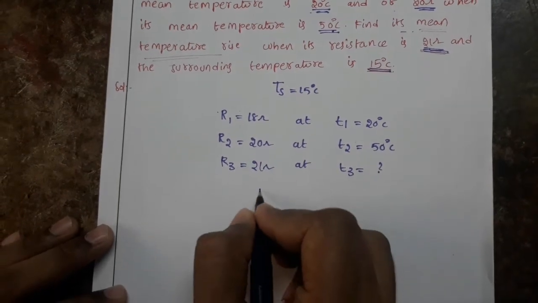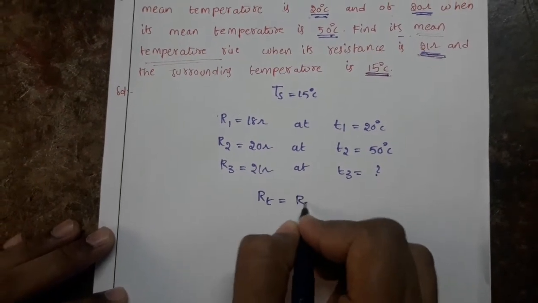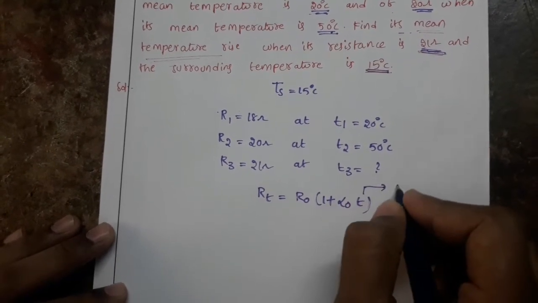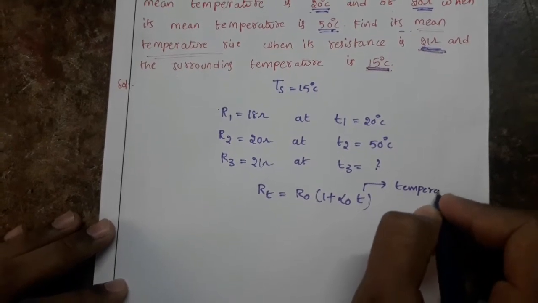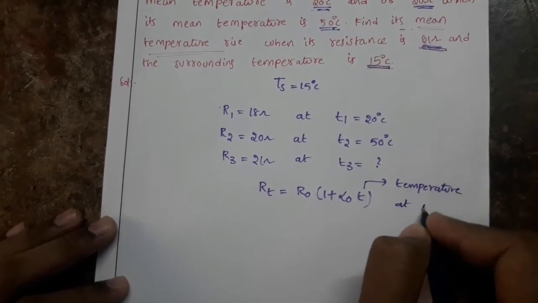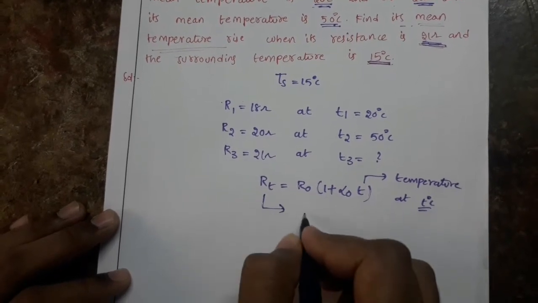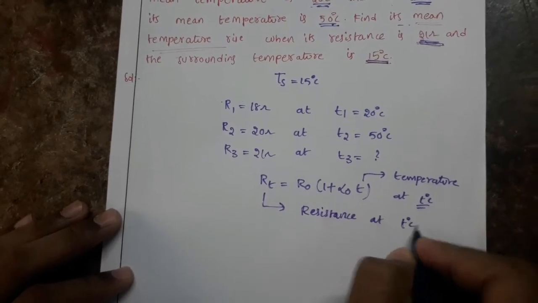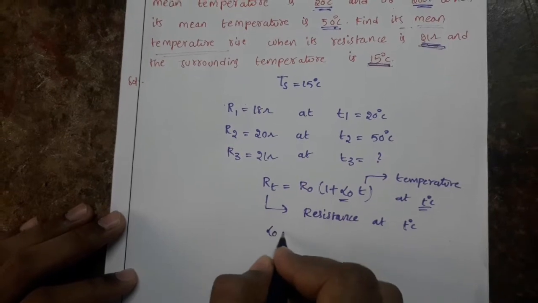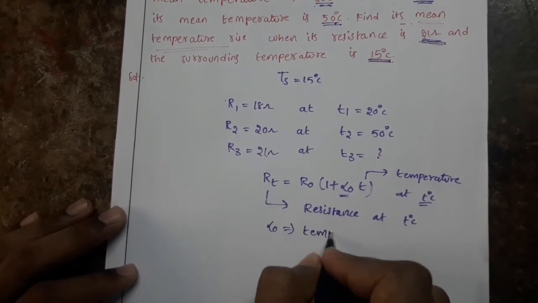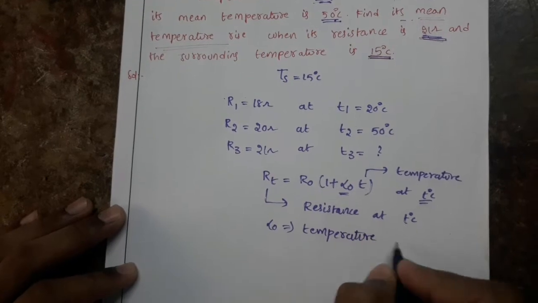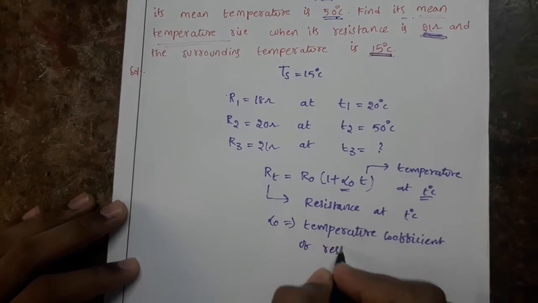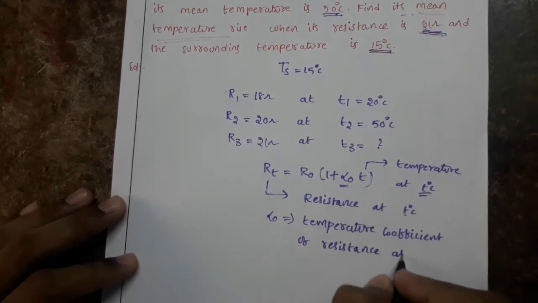So we know Rt equal to R naught into (1 plus alpha naught into t), where Rt is the resistance at t degrees centigrade, and alpha naught is the temperature coefficient of resistance at 0 degrees centigrade.